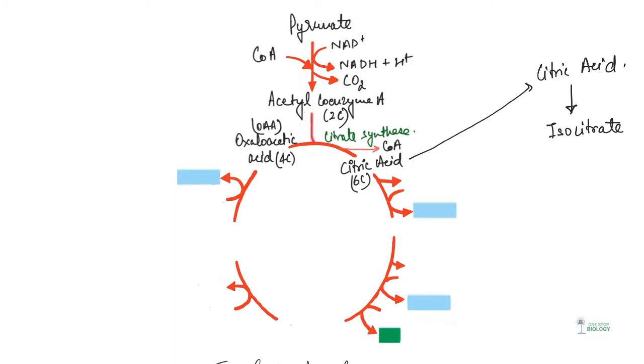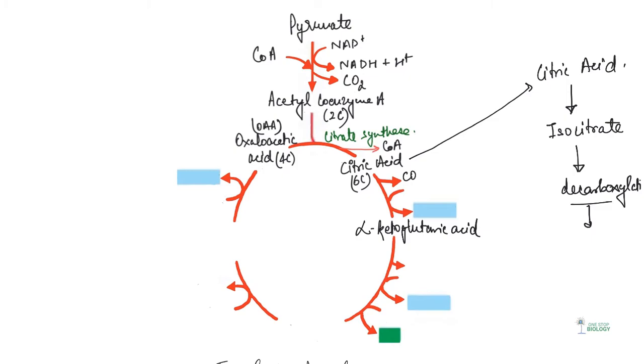Okay, and then it is again followed by two steps of decarboxylation, and finally it forms what? Alpha ketoglutaric acid. Okay, so citric acid forms citrate, isocitrate, and then it forms alpha ketoglutaric acid.